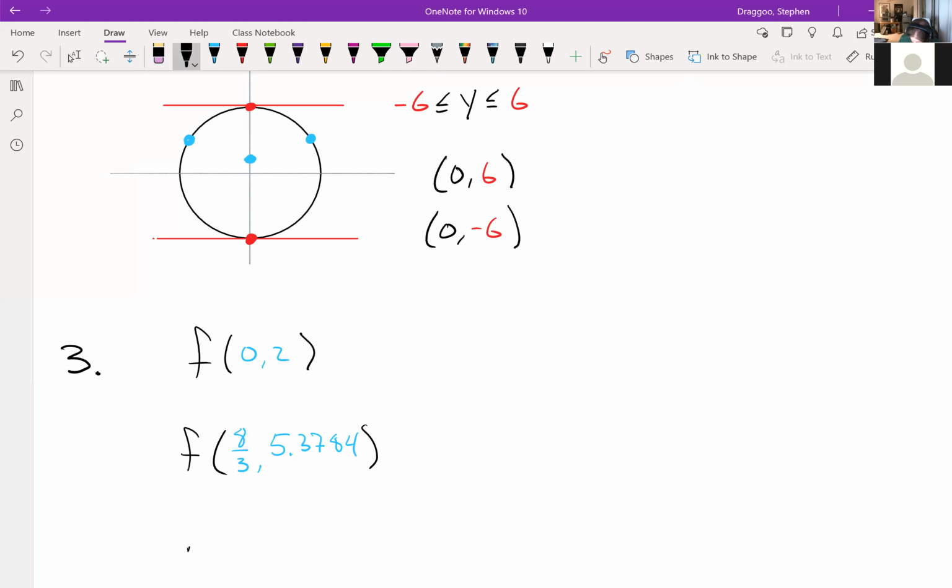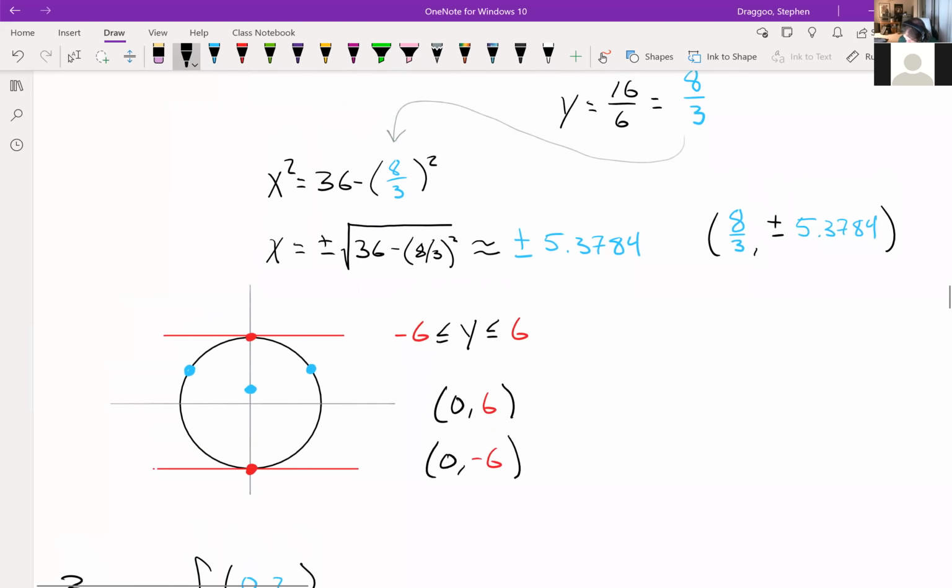I'll also need f of 8. Ooh, wait, hold on a second. These are all backwards, aren't they? The x value is 5 point whatever. Y value is 8/3. There we go. So this is negative 5.3784 comma 8/3. Suppose I should come up here and change that real quick.